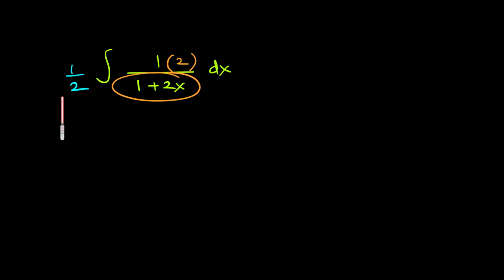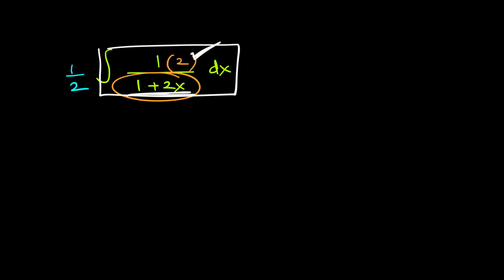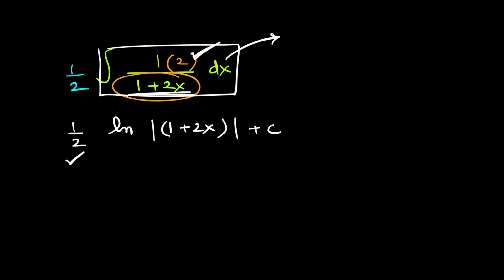Because this half and this 2 will cancel off and it is the same original fraction written in green. But we need to fulfill this condition that the numerator is the derivative of the denominator and the half is there on the outside. Therefore, the integral of this fraction is ln|1 + 2x| plus c, and the half is on the outside.